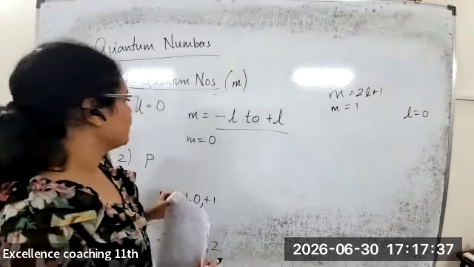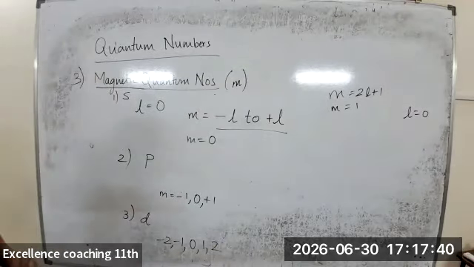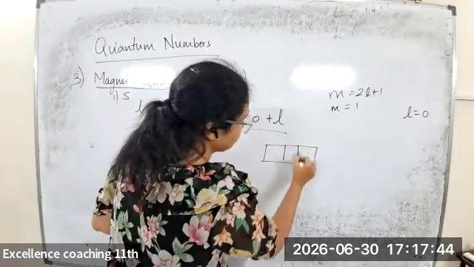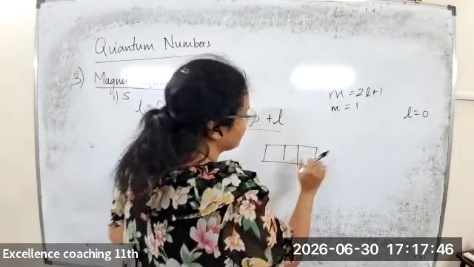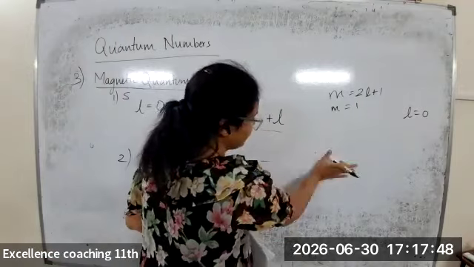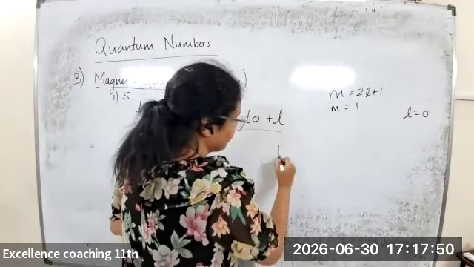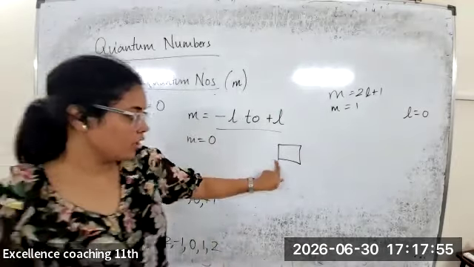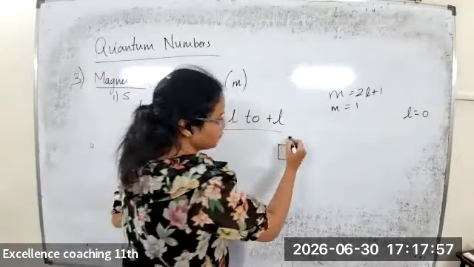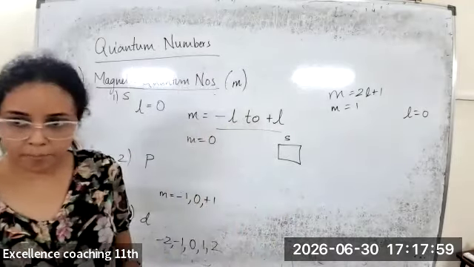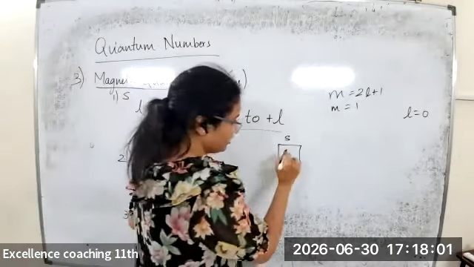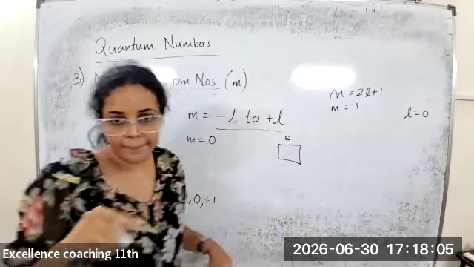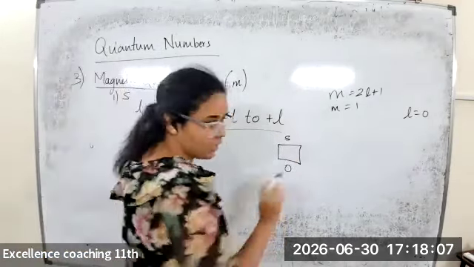Okay. So if I go a bit further on, suppose I speak about the S orbital. In your S orbital, what will be the value of m? 0, right?